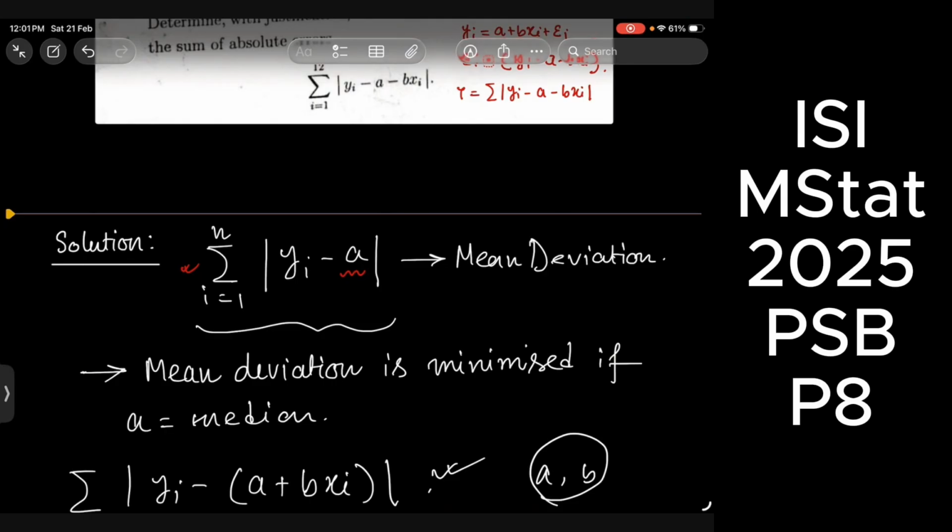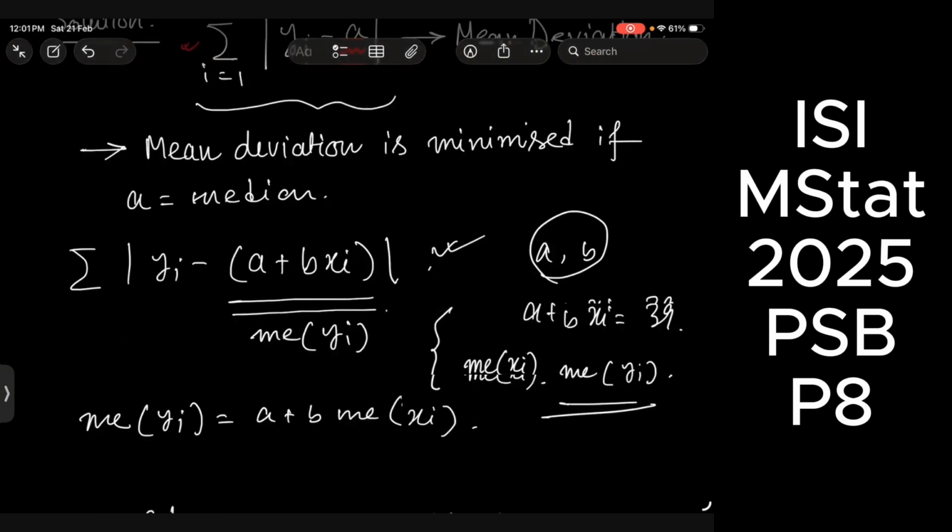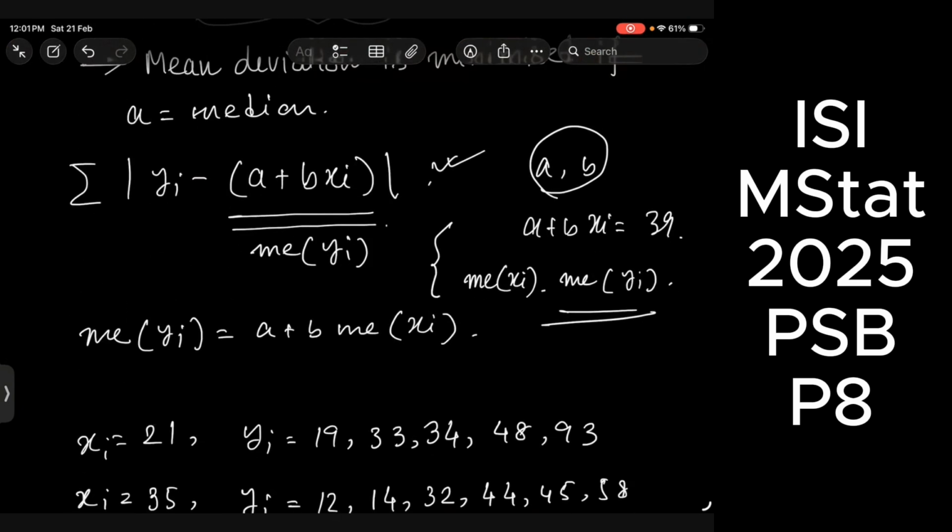No, sir. So all we have to do here is find the median of yi, right? And we have seen that yi equals a plus b xi, right?